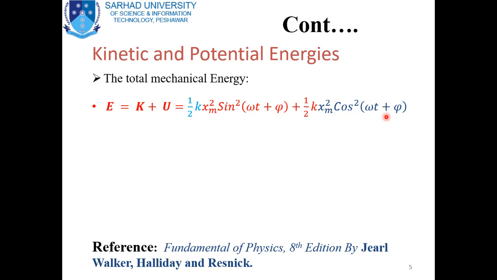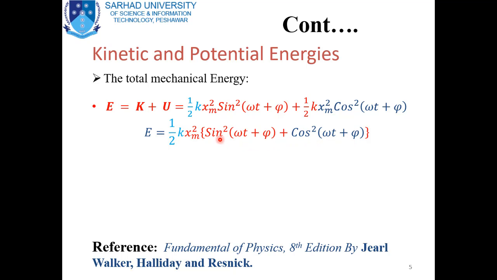In both energies, kinetic and potential, the term half k xm square is constant. So when you take it out from these two expressions, our total energy E will be equal to half k xm square times sin square(omega t plus phi) plus cos square(omega t plus phi).